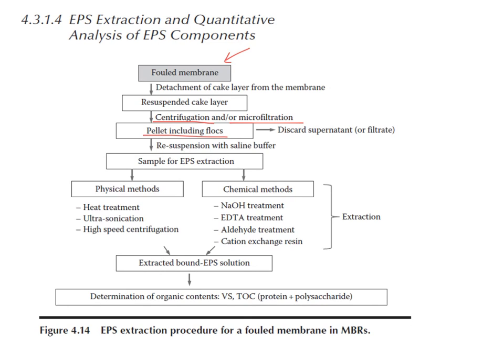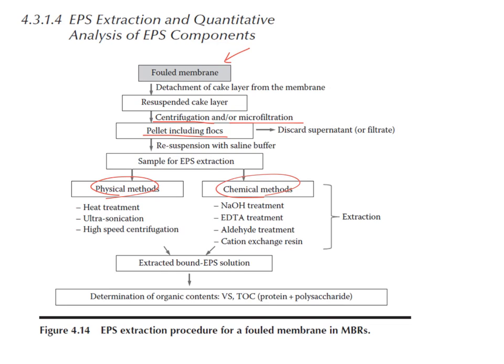There are actually two methods for EPS extraction. One of them is the physical method. The other one is the chemical method. The physical method includes heat treatment, ultrasonification, and high-speed centrifugation.